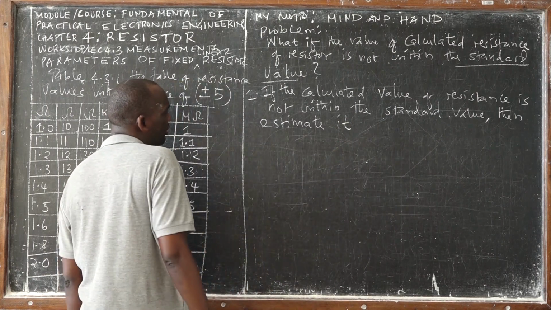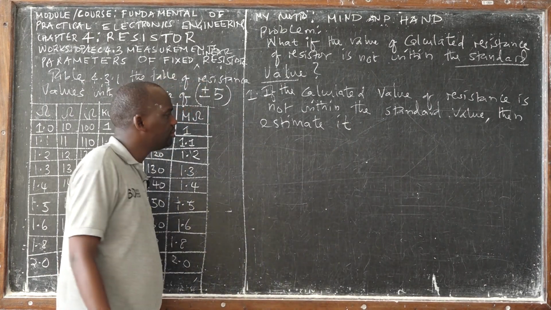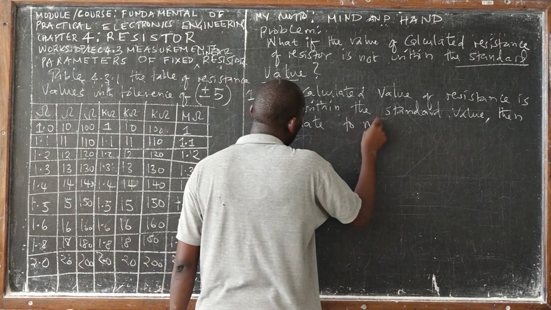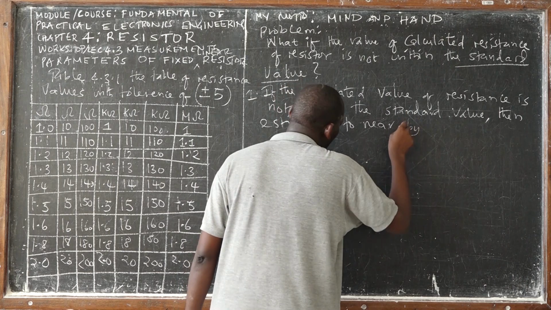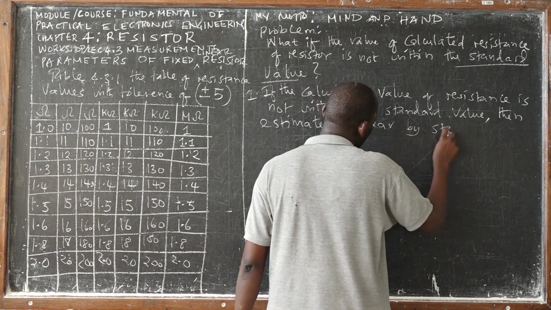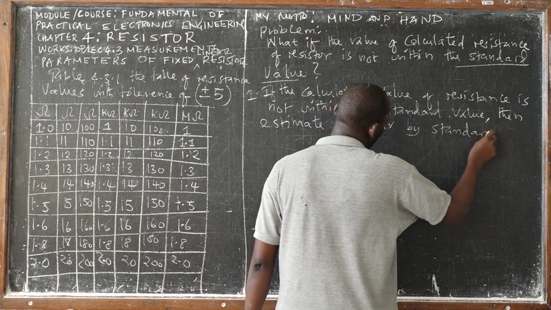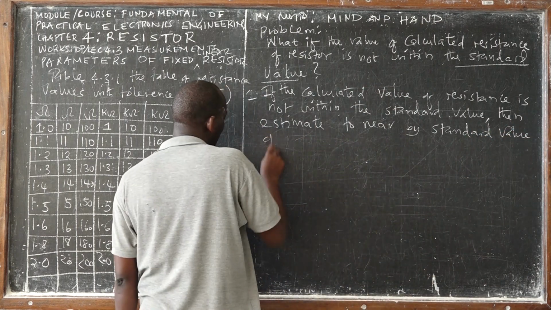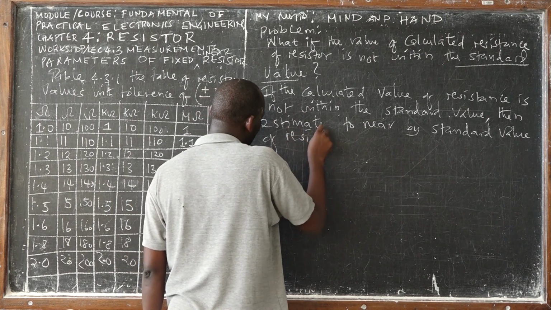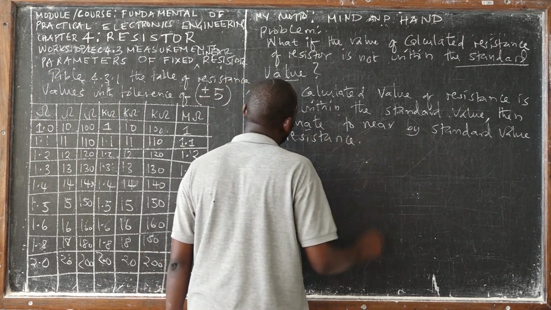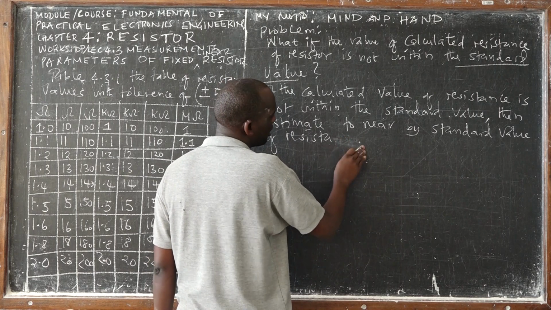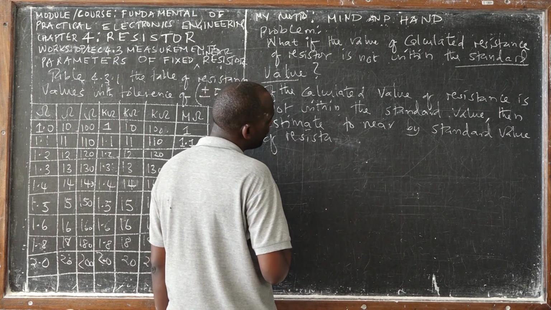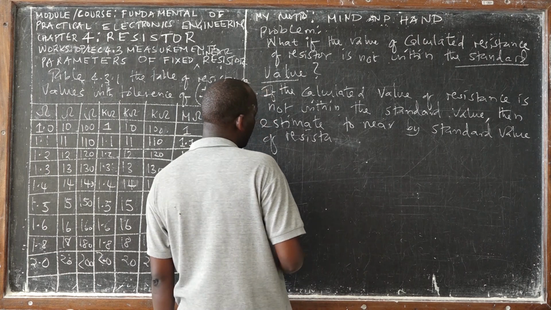If the calculated value of resistance is not within the standard value, then estimate the nearby standard value of resistance of the resistor.